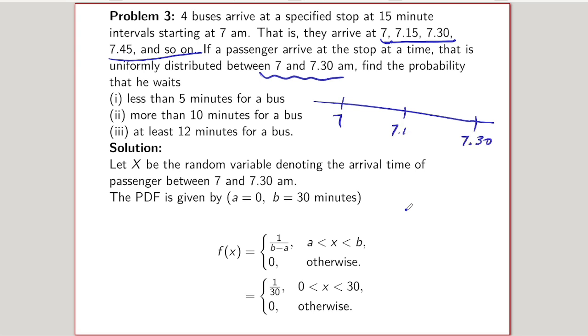What is the probability that he has to wait less than 5 minutes for a bus? If he arrives after 7:10, he will be able to catch the next bus at 7:15. If he arrives after 7:20, he will be able to catch the next bus at 7:30.